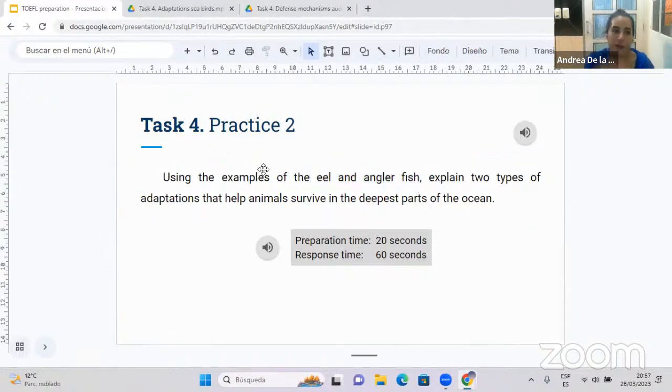I know that usually when we speak, it's normal to use he or she for animals. It isn't grammatically correct, but it's normal, especially when we refer to pets. But in this case, try to use the pronoun it, or if not, the easiest thing you can do is make it plural and use they or them, so that you don't get confused between it or he or she. Right?